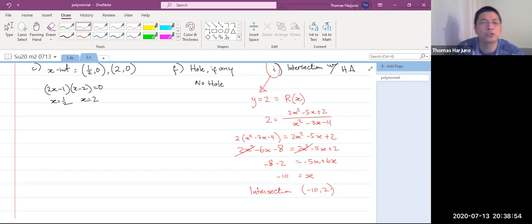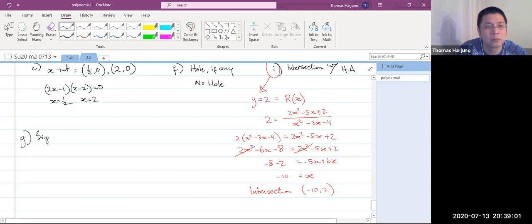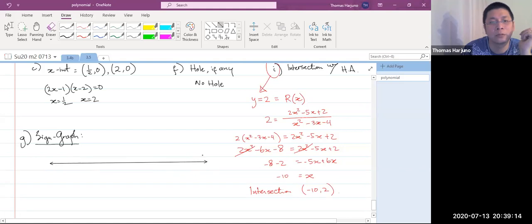Okay, now let's do the sign graph. Part G, sign graph. The critical numbers are 1/2, 2 here, 4 here, and then -1.